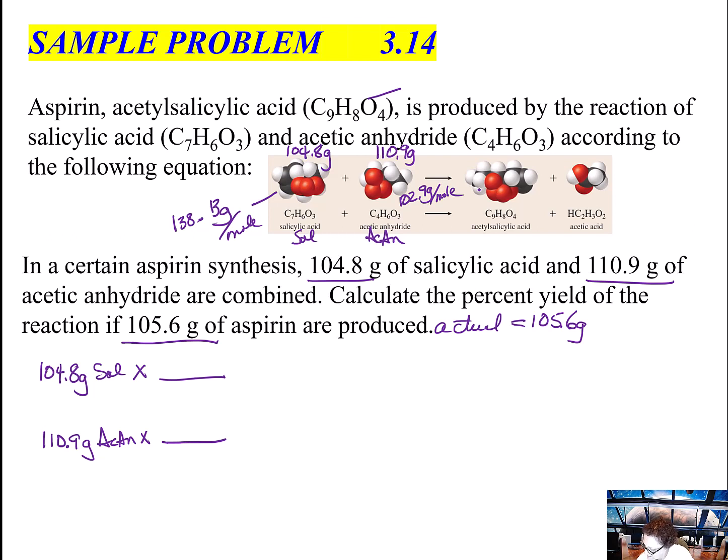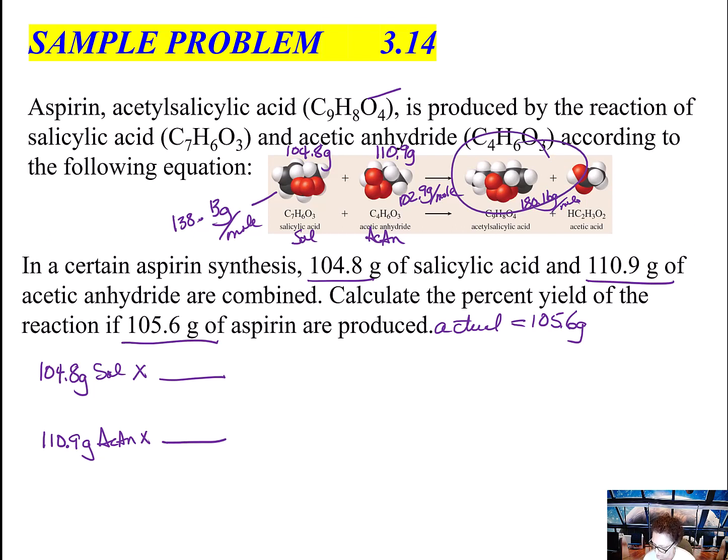All right, so you got to have that. And then the aspirin, which is what you're producing, is 180.16 grams per mole. So that's what we're comparing everything to.